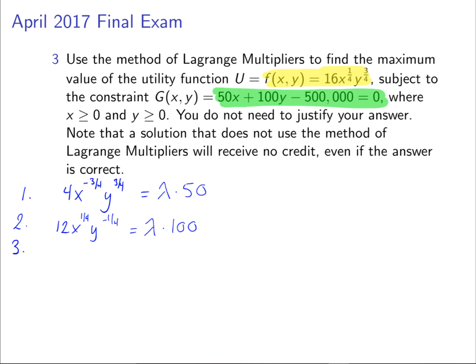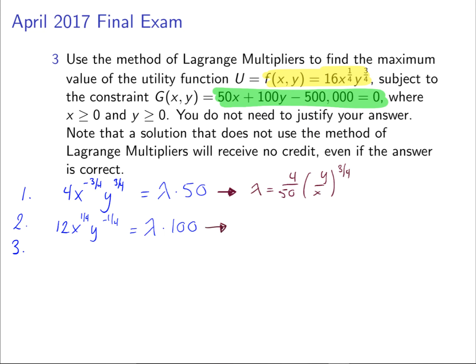Now, it is never the case that g sub x is 0, and it's never the case that g sub y is 0. So the only way for this to be true is if lambda is equal to 4 over 50 times y over x to the 3/4.